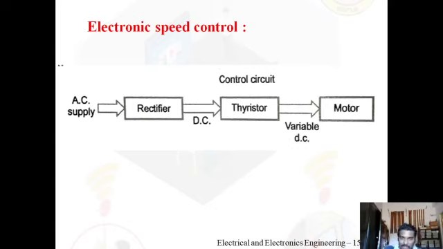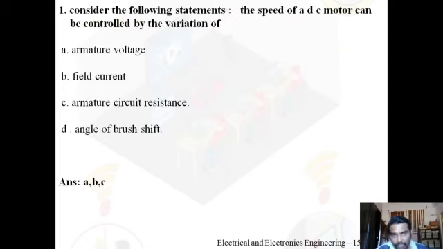But here we are trying to give a variable DC voltage to the DC motor with the help of solid state electronic devices such as thyristor and rectifier. So this is regarding the electronic speed control of DC motors.